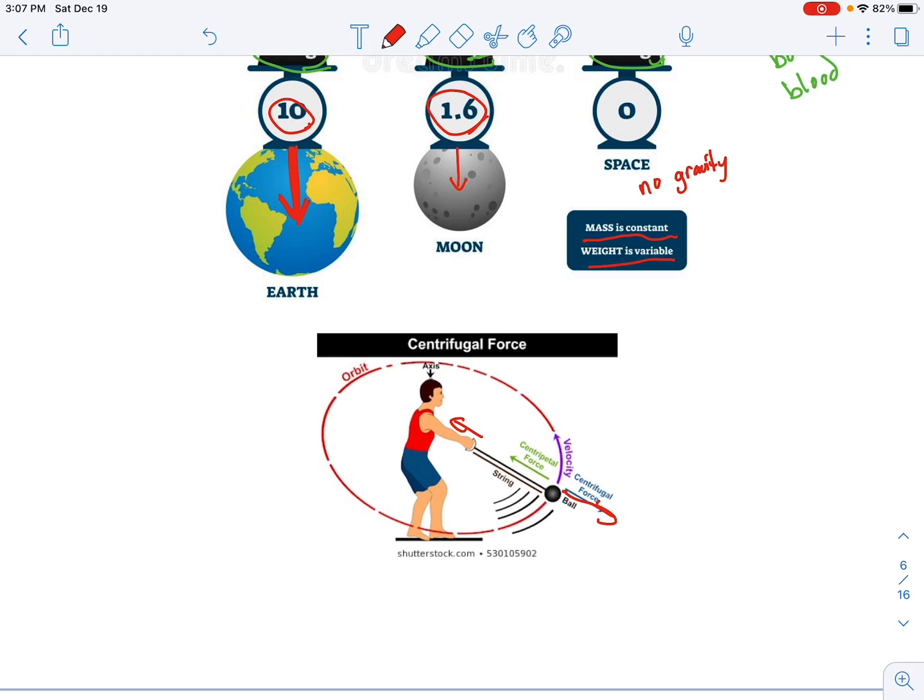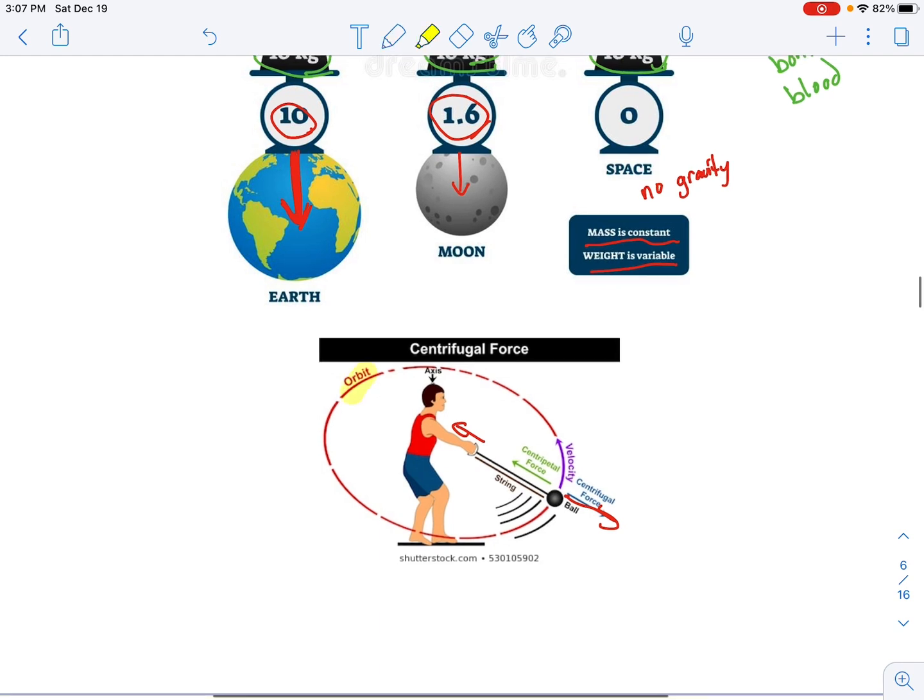And that circular path is really similar to what we have with planets. If we pretend that this guy is the sun, and this little ball right here is Earth, this string is kind of like the gravity holding the sun and the Earth together, and the Earth is going around in an orbit path. So that's what centrifugal force is. It's just a force in a circle shape.